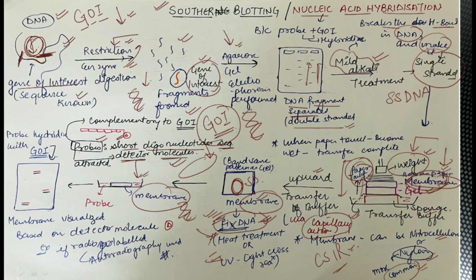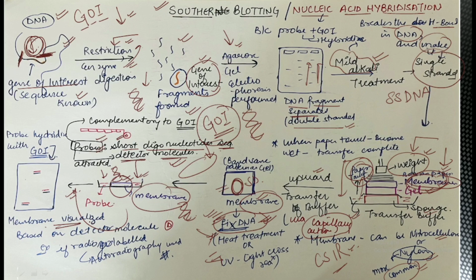In that case, the probe is subjected to the membrane onto which we have our fixed DNA. If the probe and the DNA that we have are complementary and if our complete mechanism is successful, the probe would get attached to it and we can then understand that yes, the gene of interest selected was correct.